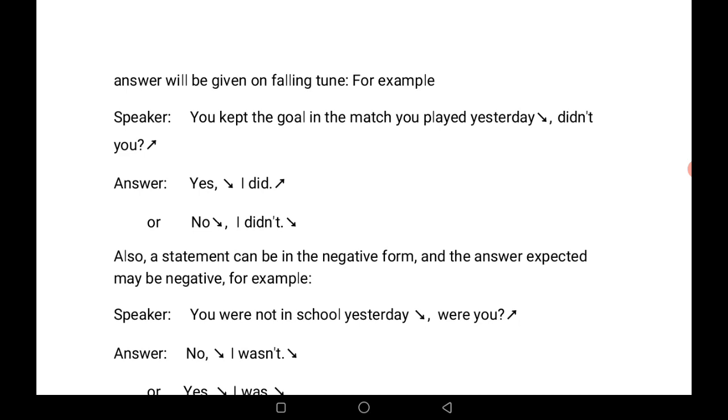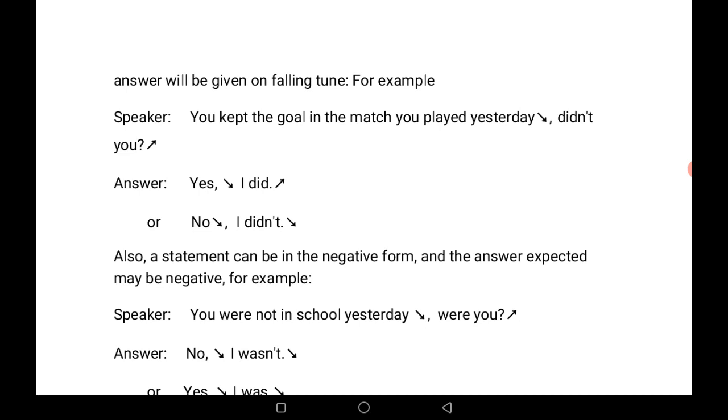I want you to take note of something here. Either the statement is negative or positive, it takes a falling tune. However, either the question is positive or negative, the question tag takes a rising tune. That's point number one. Another thing I want you to take note of is that a positive statement, like you kept the goal in the match you played yesterday, always takes a negative question tag.